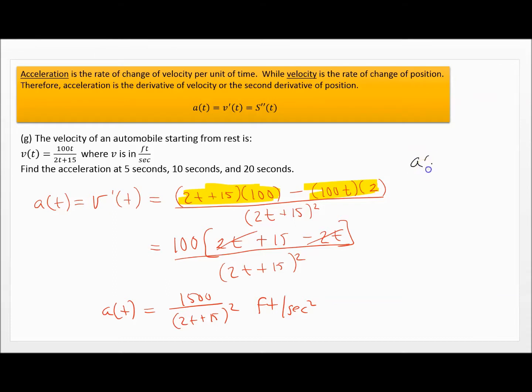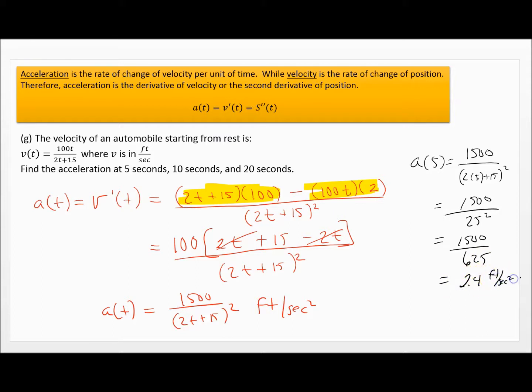So a of 5 is going to be 1,500 divided by 2 times 5 plus 15 squared. So that's 1,500 divided by, now 2 times 5 we know is 10. 10 plus 15 is 25 squared, which gives us 1,500 divided by 625. And when I simplify that, gives me 2.4, and that's feet per second squared.